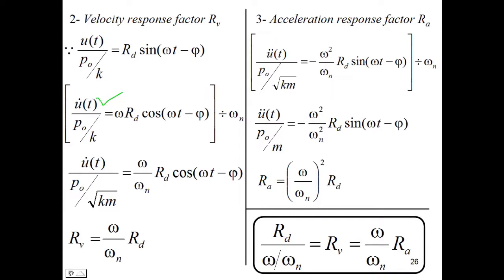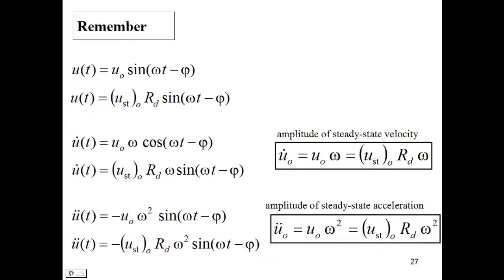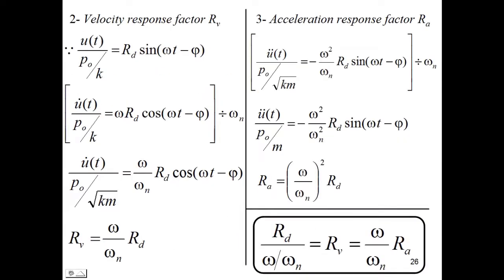Taking the first and second derivatives of the steady-state deformation with respect to time t, making suitable substitutions and rearranging the terms, we can obtain the velocity response factor Rv and the acceleration response factor Ra. The simple relations among the dynamic response factors make it possible to present all three factors in a single graph. Please note that the words deformation and displacement have been used interchangeably in this course.